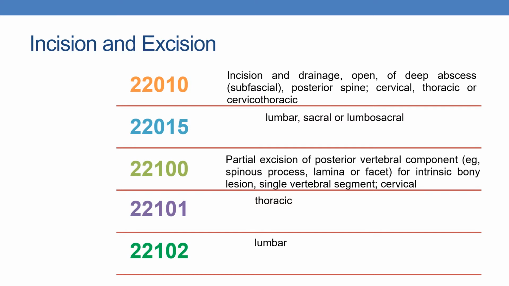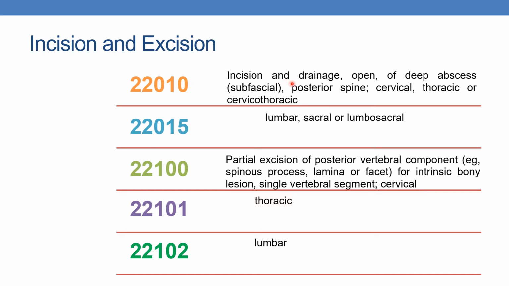Now coming to the CPTs for incision and excision. The first one is 22010, which is incision and drainage, open, of deep abscess, subfascial, posterior spine, cervical, thoracic or cervicothoracic.